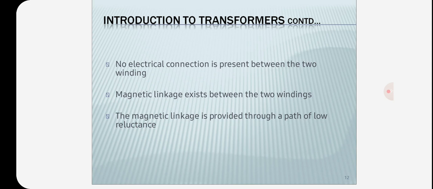No electrical connection is present between the two windings. Magnetic linkage exists between the two windings. The magnetic linkage is provided through a path of low reluctance. It needs only low reluctance.